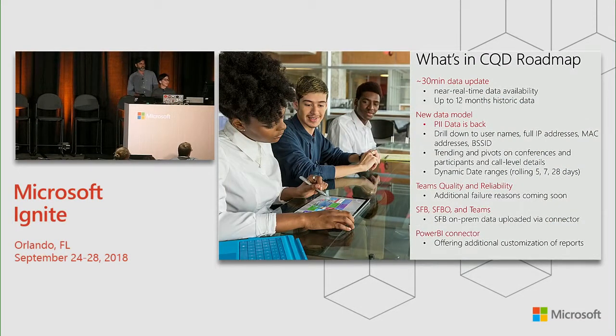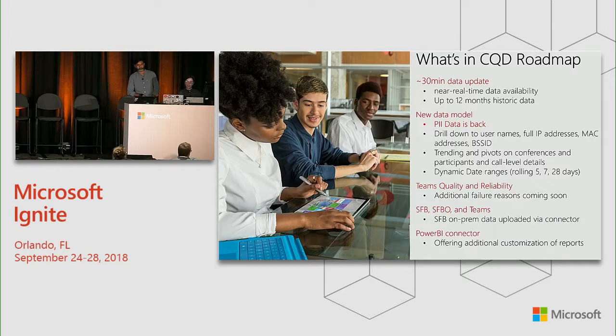So here is basically more detail of what's in the CQD roadmap. Up to 12 months of historic data. I almost forgot about that. And the drill down includes full IP address, MAC address, BSS ID. So all this is interesting.